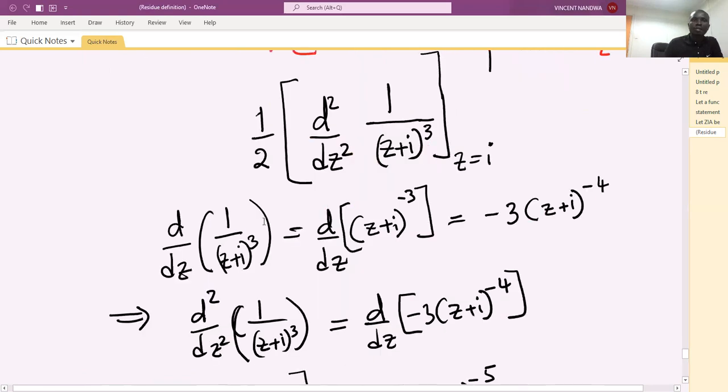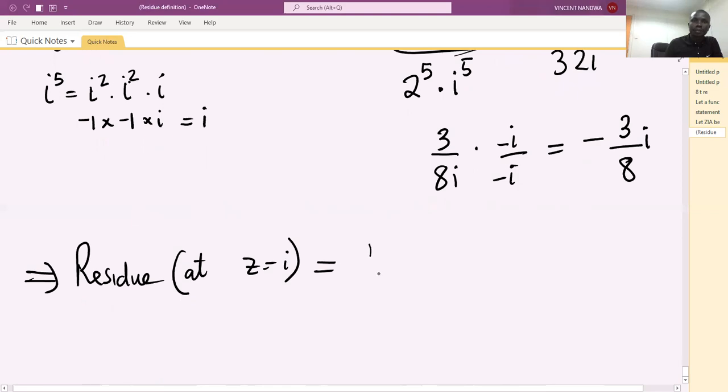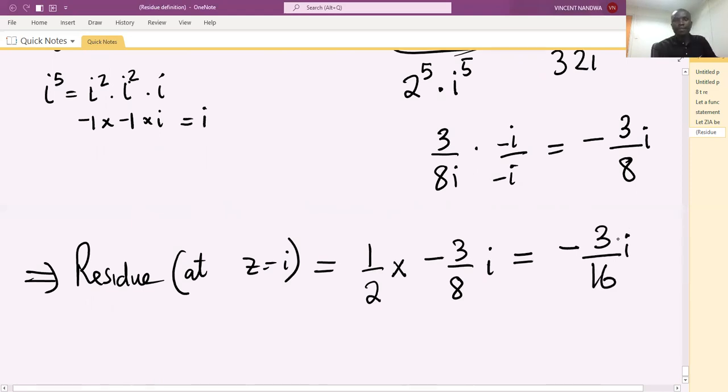So it's given by 1/2 times this value, negative 3i over 8. So that is given by negative 3i over 16. So that forms the value of the residue of that function at the point z equals i. So that is the solution. Thank you.